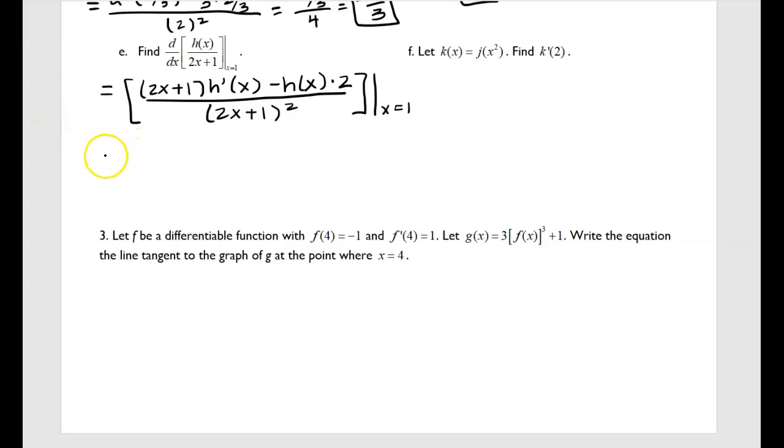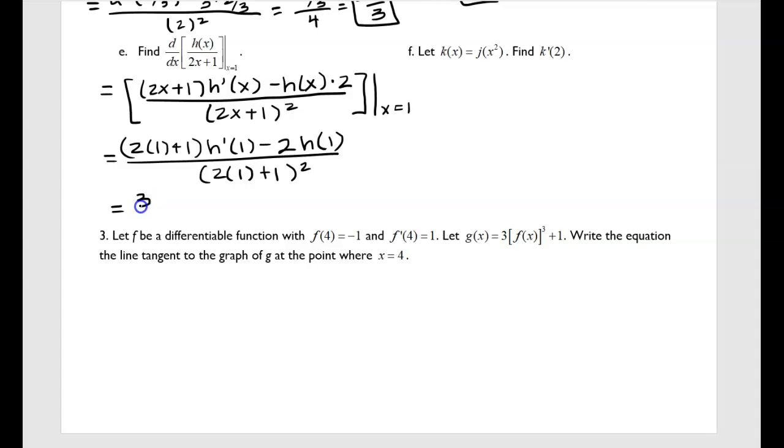So that means I have 2 times 1 plus 1, be careful with your parentheses here, I need parentheses right there, times h prime of 1, minus, I'm just going to put the 2 in front, 2h of 1, all over 2 times 1 plus 1 squared.